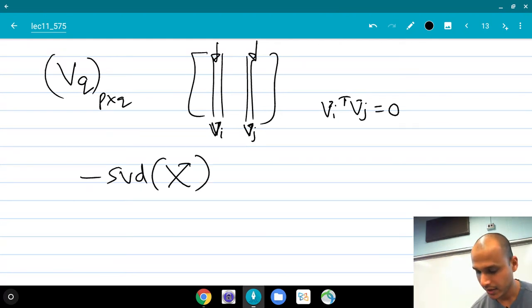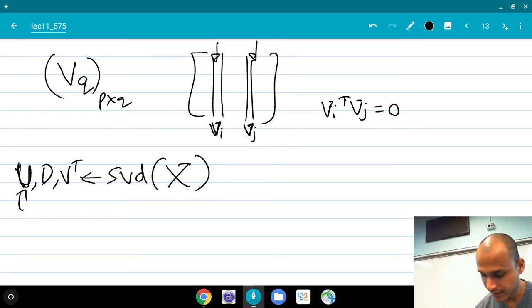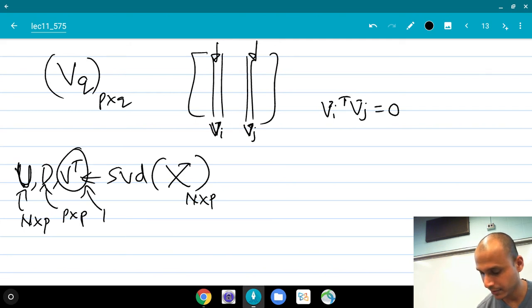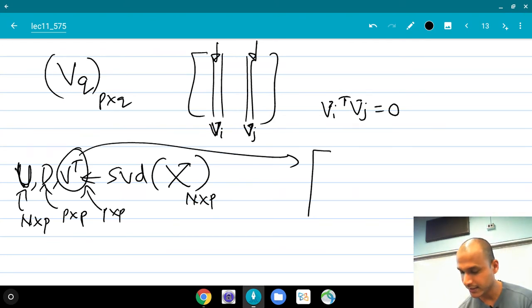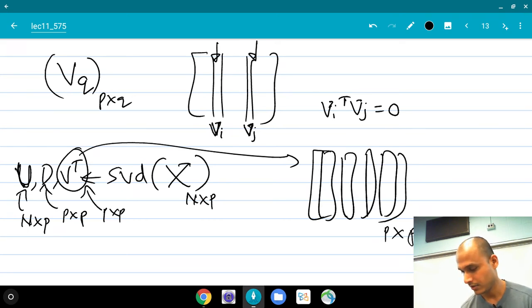Now all I'm saying is if you do an SVD operation on the data matrix, you get an output which is three matrices U, D, and V transpose. X is n cross P, this is n cross P, this is P cross P, and this guy is P cross P. It just spits out three matrices, and what you do with this V matrix, which is P cross P, is use its columns.